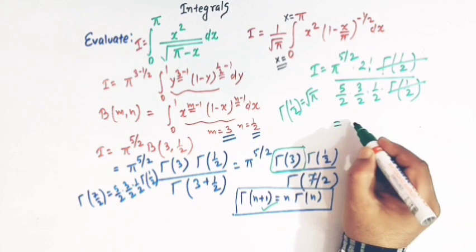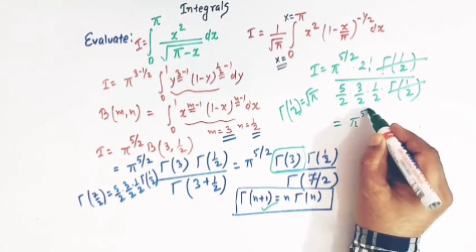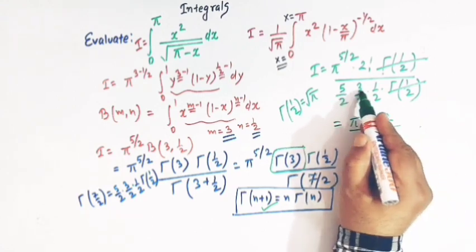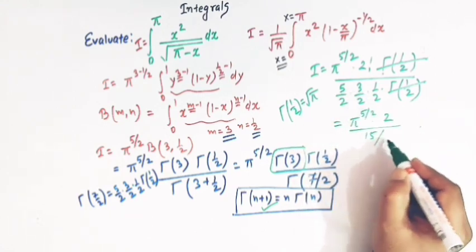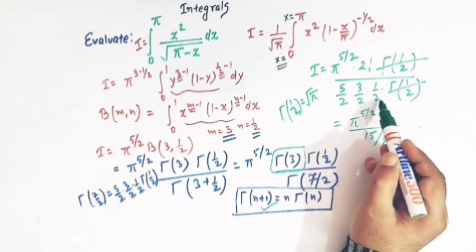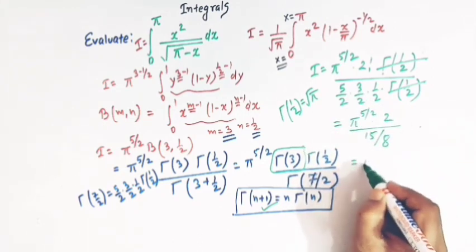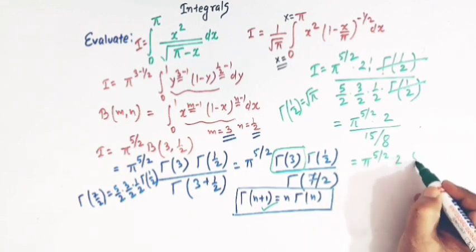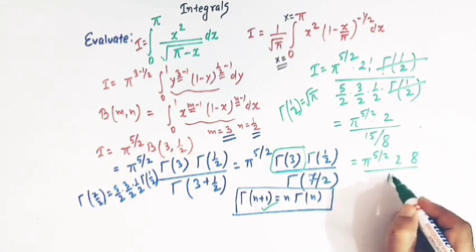So now we have pi raised to 5 by 2. 2 factorial is 2. Here we have 15 divided by 8, right? 5 3s are 15, 2 times 2 times 2 is 8. And we have pi raised to 5 by 2 times 2 times 8 divided by 15, right?